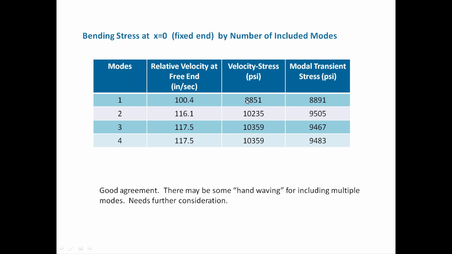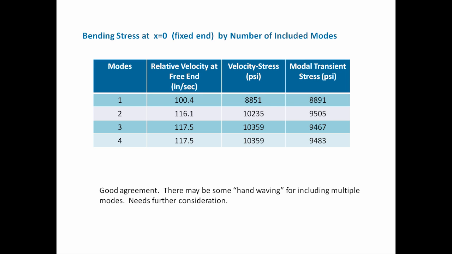So if we include a single mode, it's 8,851 psi. And then you can see how we increase the velocity stress as we include a higher number of modes. But there is a diminishing returns effect that does occur with including a higher number of modes.